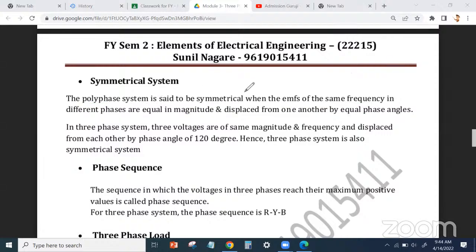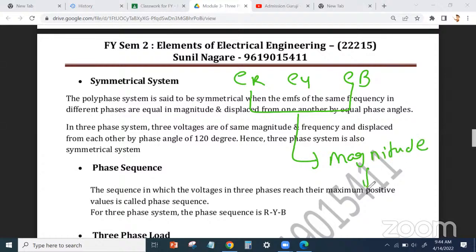See, मतलब क्या है? कि we have ER, EY and EB. इन तीनों का magnitude same, frequency same, magnitude and frequency same. क्या different है? That is a phase. लेकिन phase भी common है. इन दोनों में कितने का difference है? 120. इन दोनों में कितने का difference है? 120.